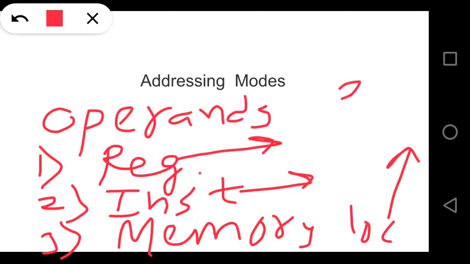So these are the three possibilities where the operands can exist.